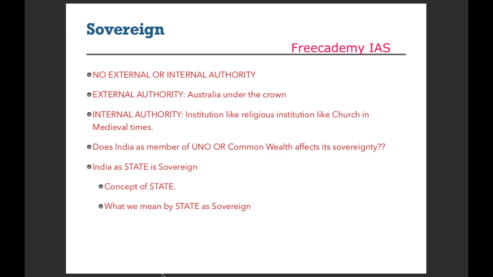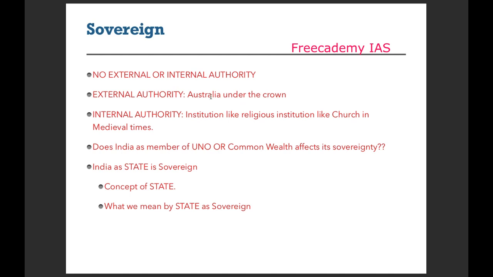So going forward, what do we mean by sovereign? Sovereign is basically that the Indian state, the government or the overall system of governance is not under any external or internal authority. What do we mean by external authority? For example, Australia is still under the Crown. The head of the state is not an Australian person, like in our case, which is the President of India.